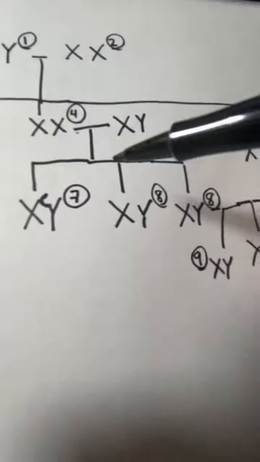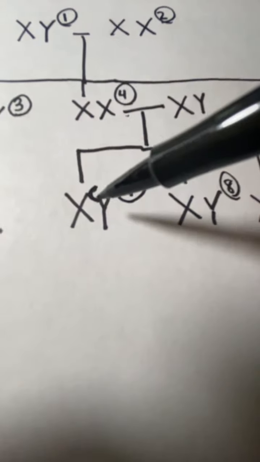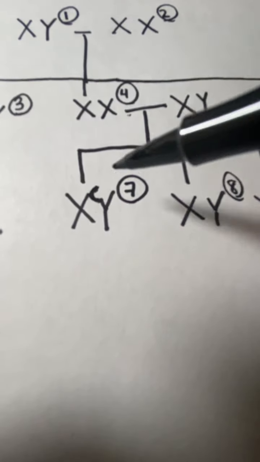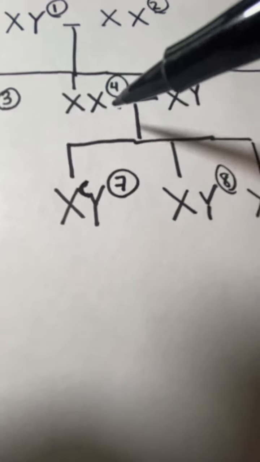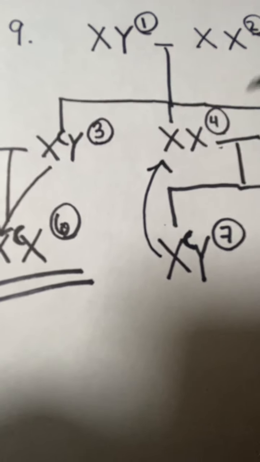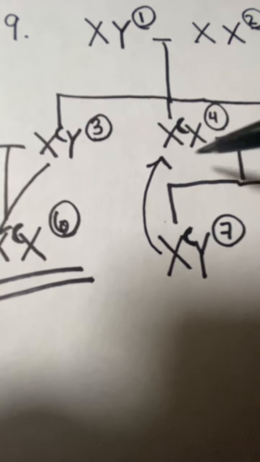Now we're going to take a look at individual number 7 and work backwards from here. So here's a boy, and he got his X chromosome from mom. Remember, dads give Ys, moms give X's. So we're going to trace this back. This X chromosome came from his mother. She must be XCX.